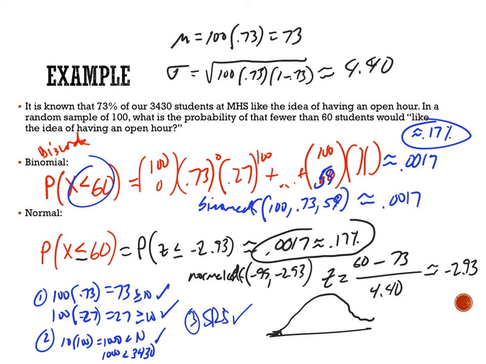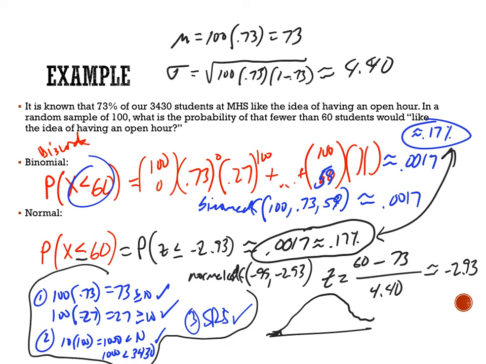That doesn't always end up being exactly the same like it did here, but in this case it worked because of our sample size and the probability that we had. So what we're seeing there is a binomial and a normal. Again, we did have to follow the rules down here in order to make this legit, but once we knew that it followed the rules, we could answer this in either way.